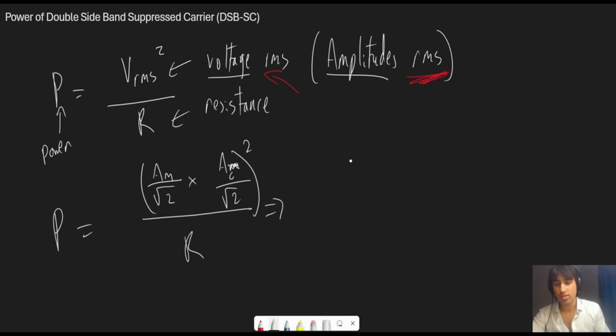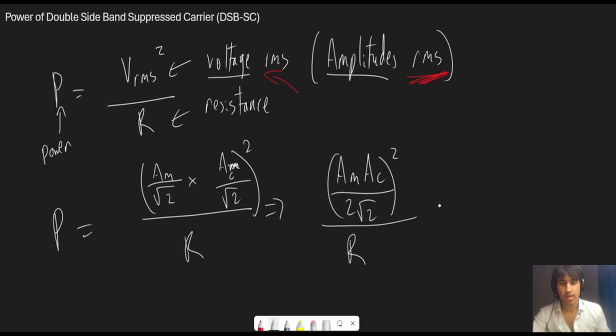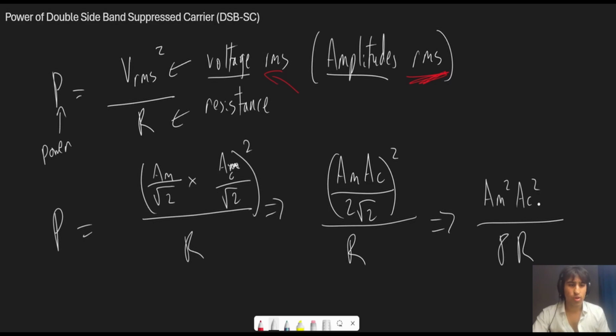That equals AM AC over 2 root 2, squared, divided by R, which can be simplified into AM squared AC squared divided by 8R. Now, this is not the total power of the entire double sideband suppressed carrier. This is just a single sideband power.